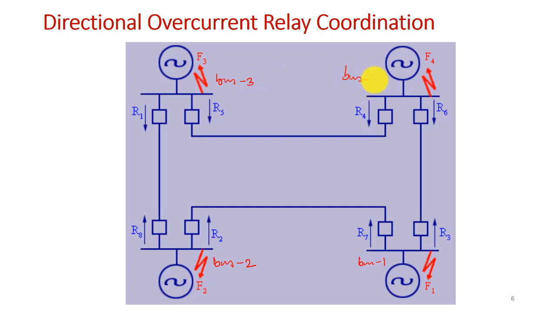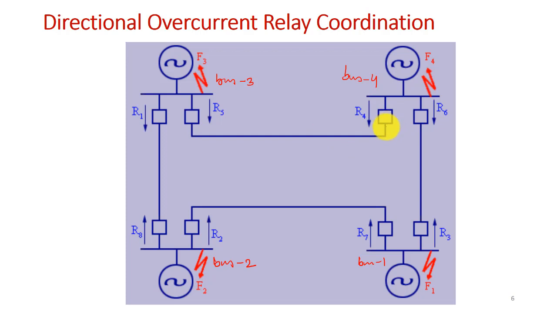Now these are the 4 buses and they are interconnected together, and there are 4 lines, and we need at least for each line 2 circuit breakers, 2 relays, so around 8 relays, right, for protection of these lines?